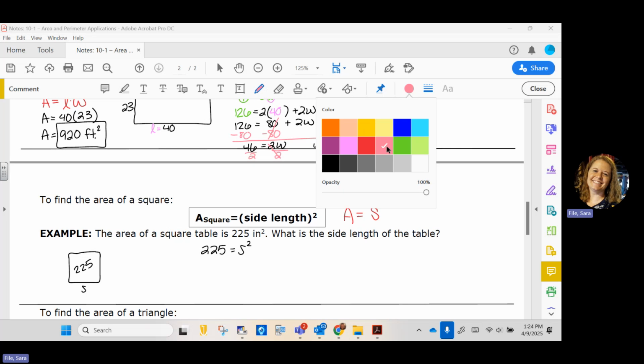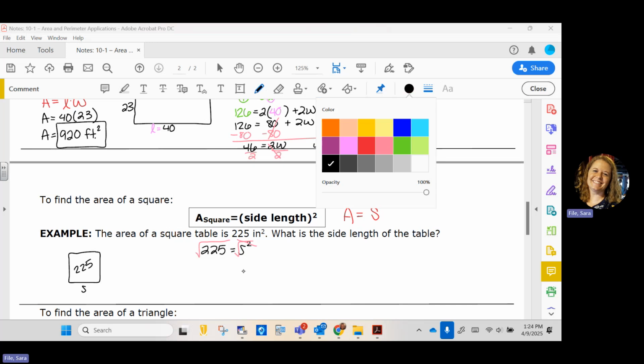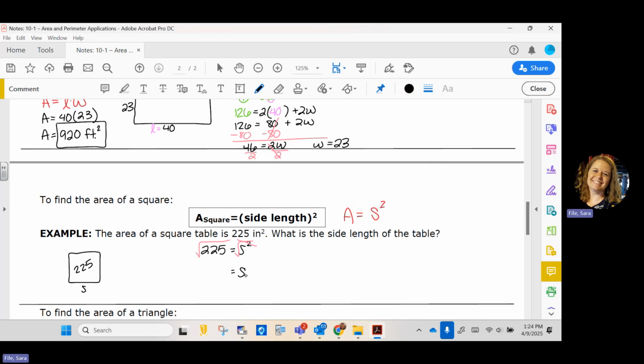When we were trying to solve for one of those, we had to take the square root. The square root is the opposite operation for a square. So that gives me the side length by itself, and the square root of 225 is 15. Now we do know the units for the area were in inches squared, so the side length will be one-dimensional, so it's just inches. So it's a square with 15-inch sides.